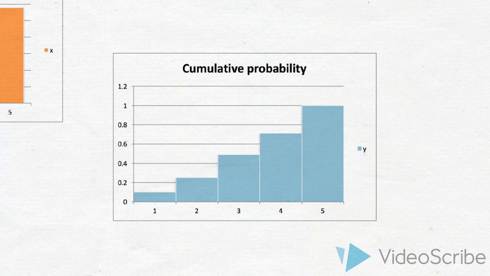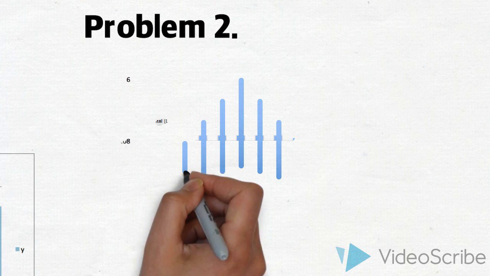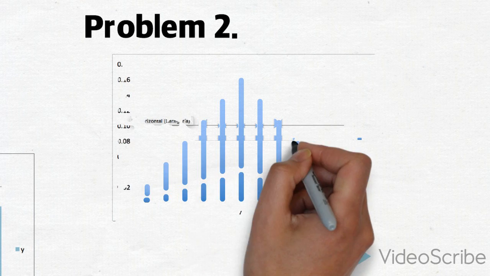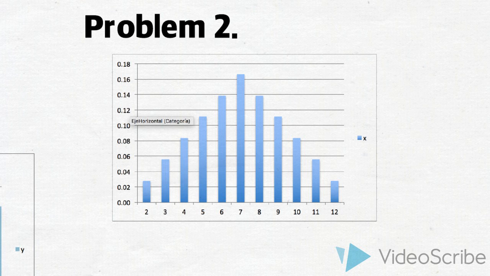Now we'll continue describing problem number 2 of discrete variables. In this second example, we'll see the different behavior that a discrete random variable can have. We are going to analyze the probabilities of the sum of 2 dice, such that as a result we could have from 2 till 12, because we know that we cannot have 1 by adding both dice, so the probabilities will be as shown.